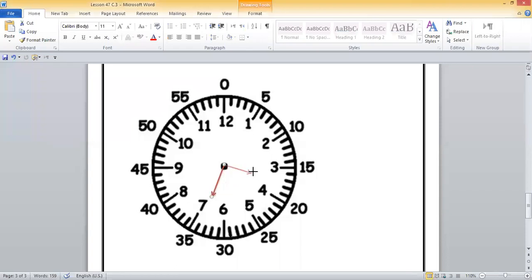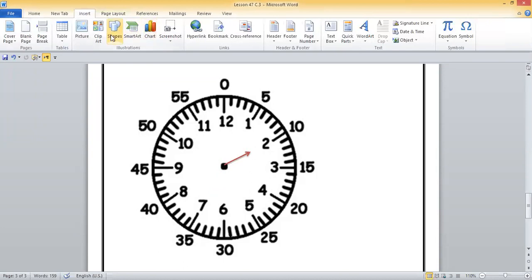Now I am going to add the minute hand also. So the hour hand is at 2, and I'm going to add a minute hand here.